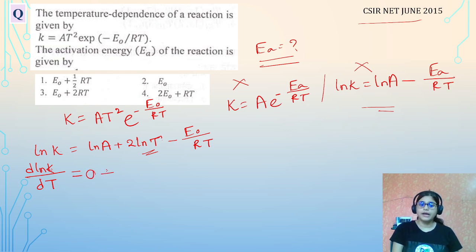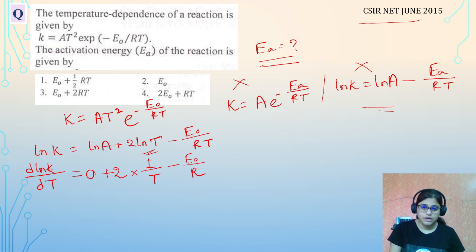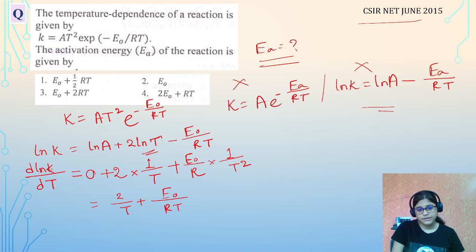Here 2 will be there times 1 by T, and E0 by R times the derivative of 1 by T, which is minus 1 by T squared, so minus minus becomes plus. What is there now? 2 by T plus E0 by R T squared.